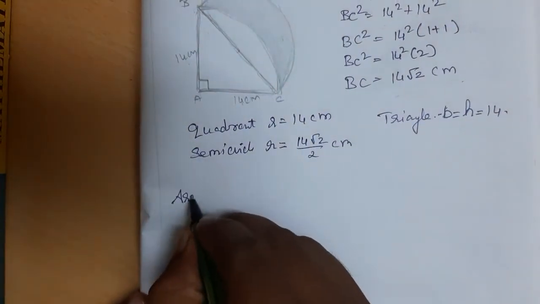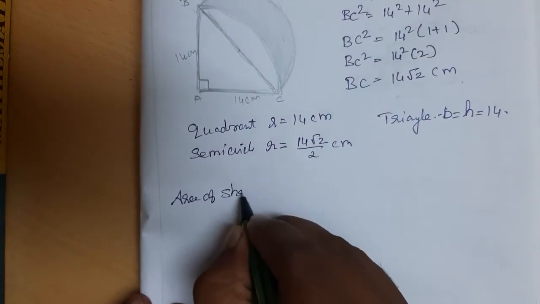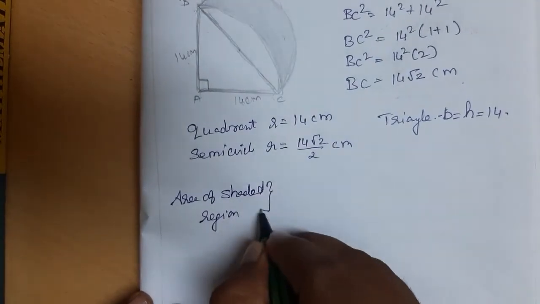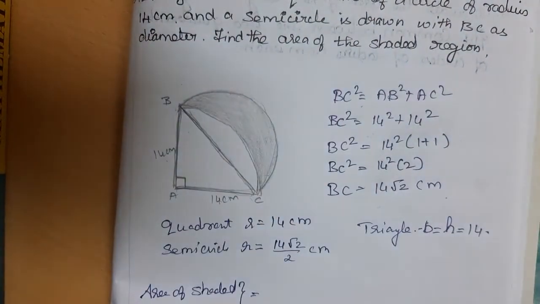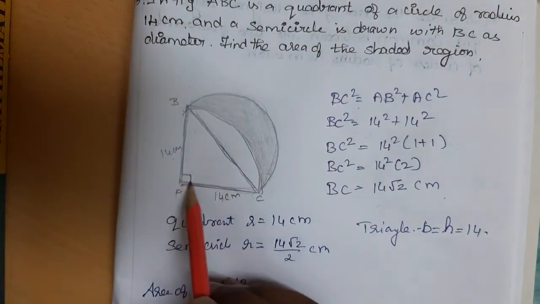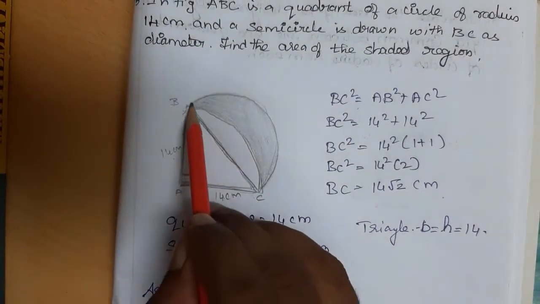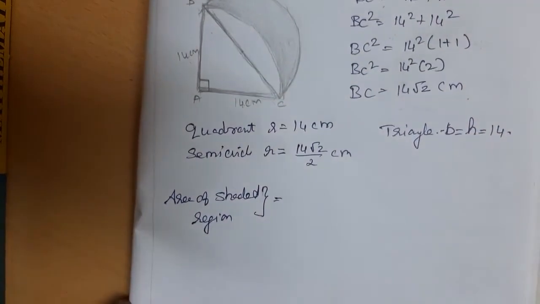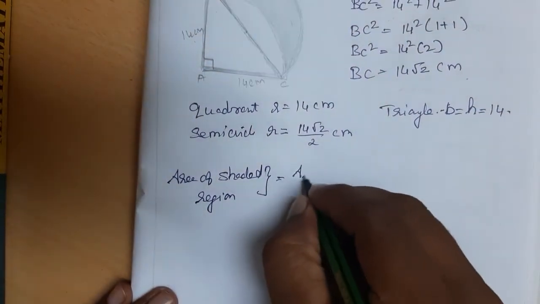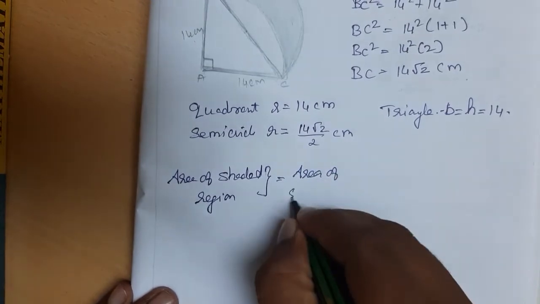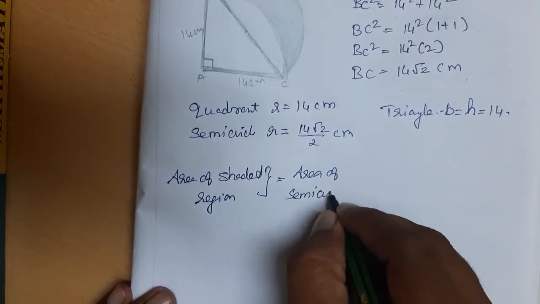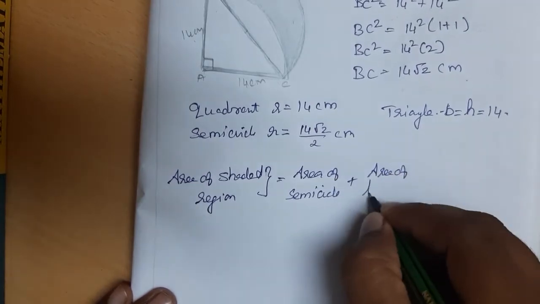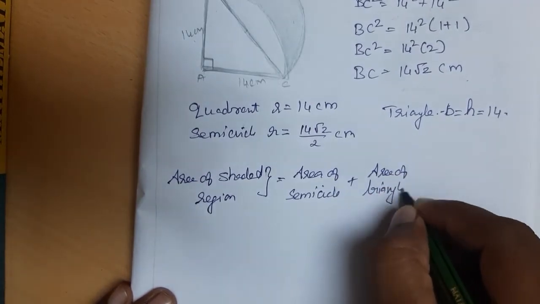So the area of the shaded region is equal to, first we are combining the two shapes. Which two shapes? Triangle plus the semicircle. So the whole figure combined: area of semicircle plus area of triangle.